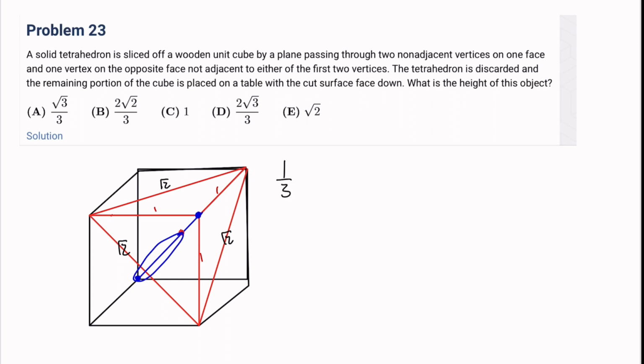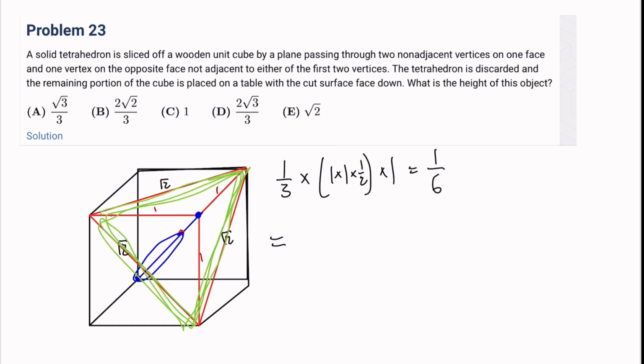So that will be 1/3 times the base, which is 1 times 1 times 1/2, times the height. So this is 1/6. But then this is equal to, when we calculate it by having the base being this equilateral triangle and the height being this much, right? And so let's say this is h.